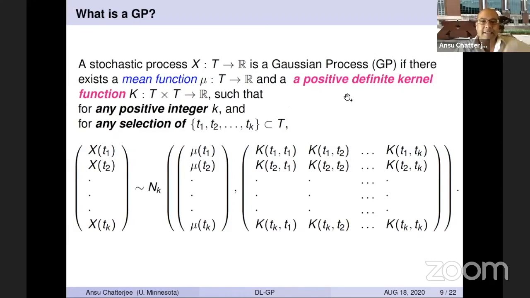The big deal is that you should be able to define a positive definite function over there, meaning that anytime you construct matrices of this sort, that should be a positive definite matrix. If you are able to do that, and your stochastic process is such that pick any dimension, pick any set of points that has a multivariate normal distribution, a Gaussian distribution, you have a Gaussian process. So deep neural networks relate to this object.